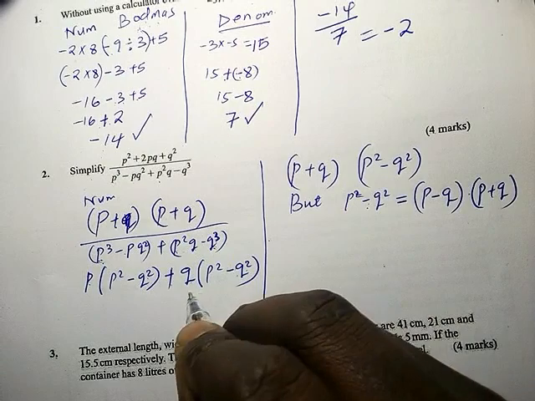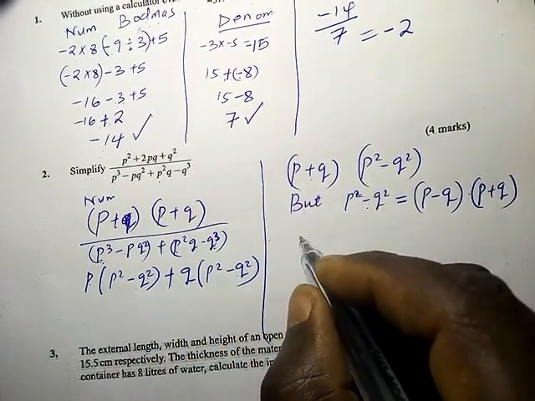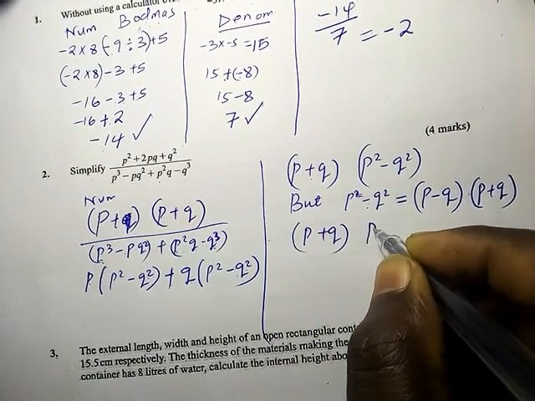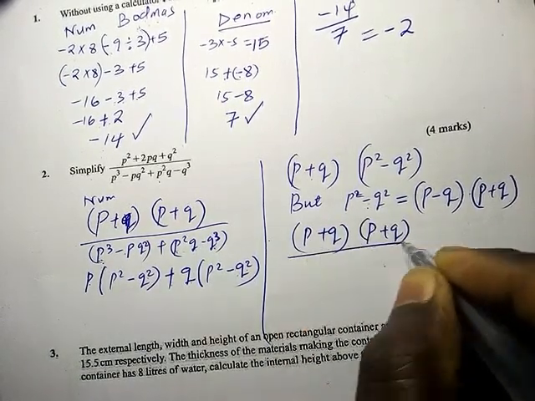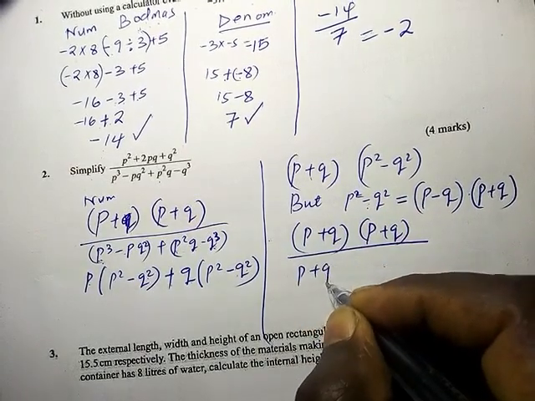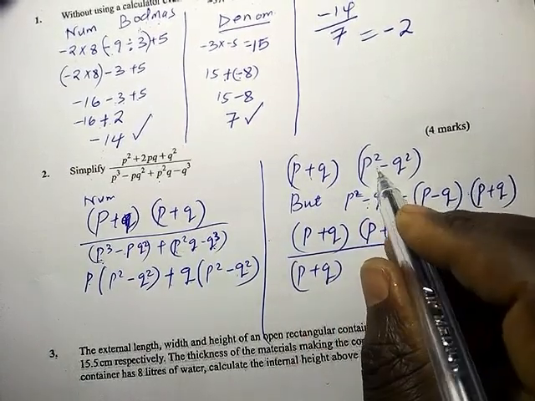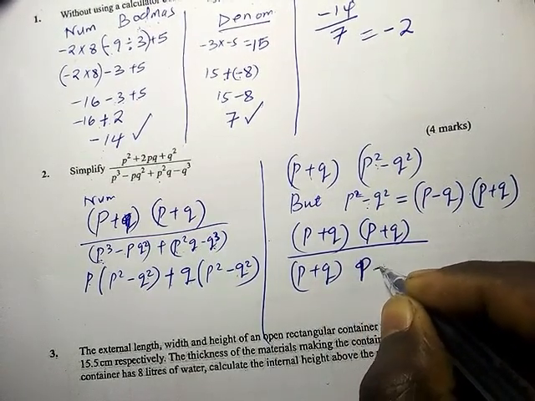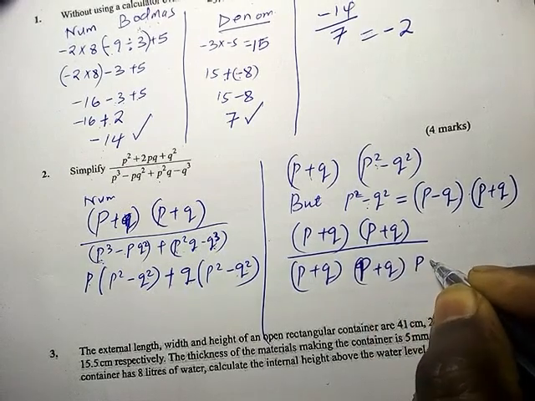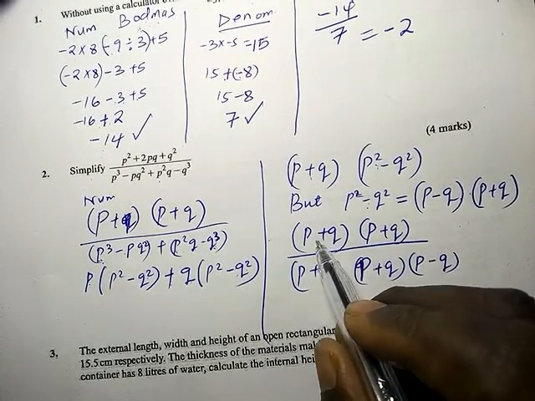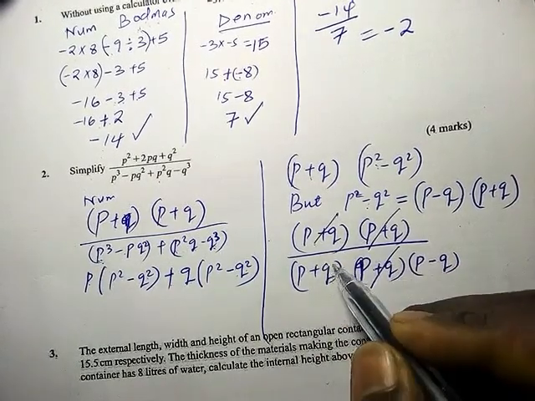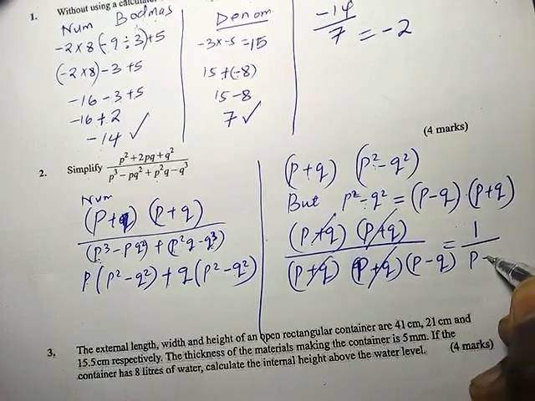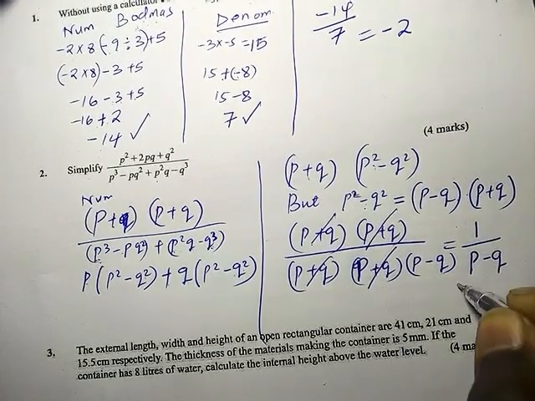Remember we had the numerator P plus Q, divided by this, which is P plus Q times P minus Q. So P plus Q, this and this will cancel, and then we will have 1 over P minus Q as the final answer.